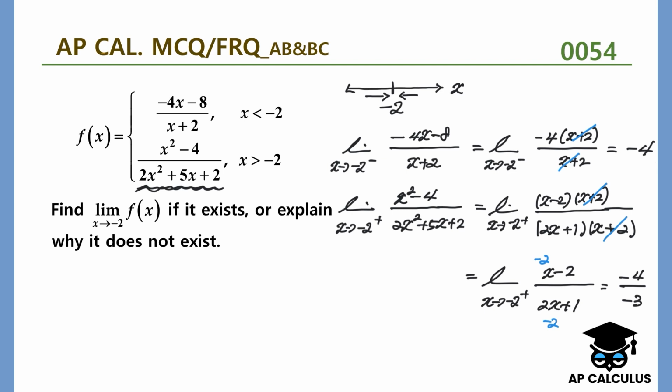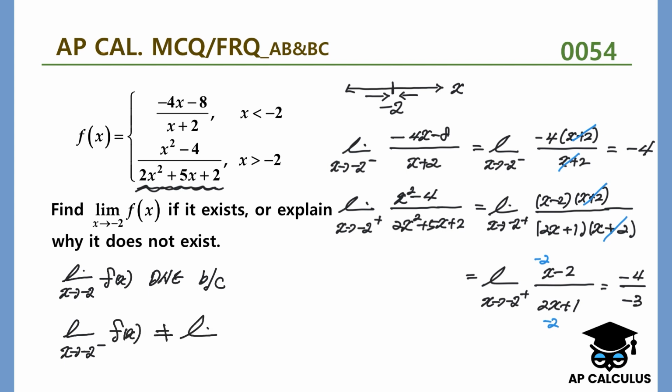So since the left-hand limit and right-hand limit are not equal to each other, we can conclude that this limit doesn't exist. The limit as x approaches -2 of f of x does not exist because the limit from the left-hand side is not equal to the limit from the right-hand side.